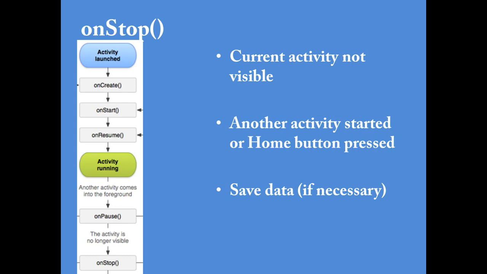So in this case also, onStop will be called. And it's always good to save any data. We already said we could also save it in onPause if it's small data, but if it's huge, that is if you should save in a database or so, which takes a longer time, then it's good to do that in the onStop method.